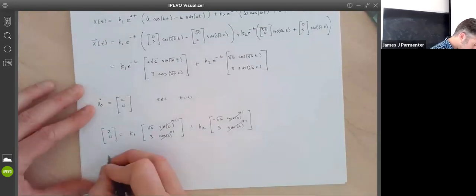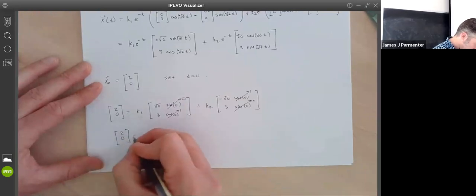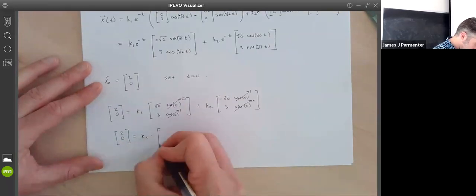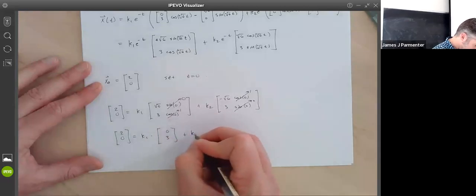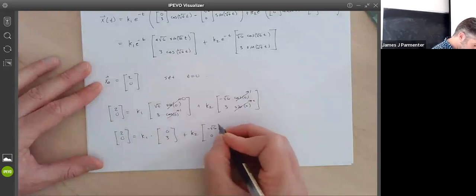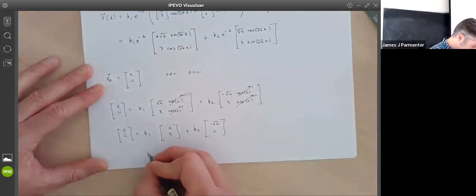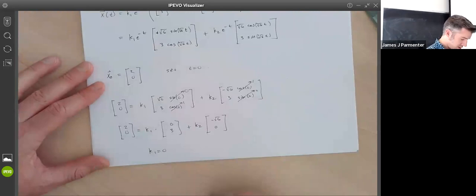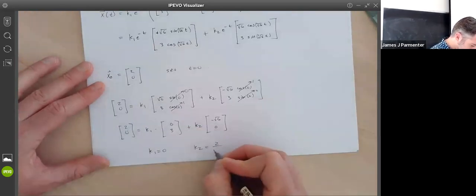So we end up getting that 2, 0 is equal to K1 times 0, 3 plus K2 times negative root 6, 0. And it's not too terrible to solve for K1 and K2. It looks like K1 is going to be 0 and K2 is going to be 2 divided by negative root 6.